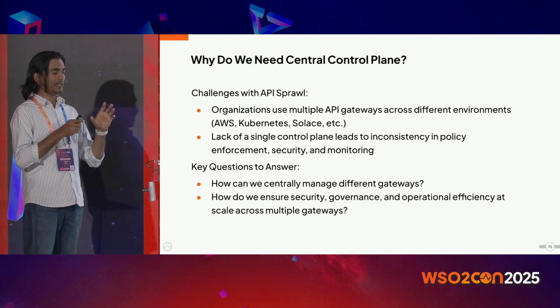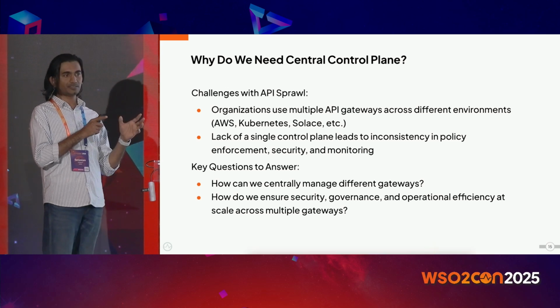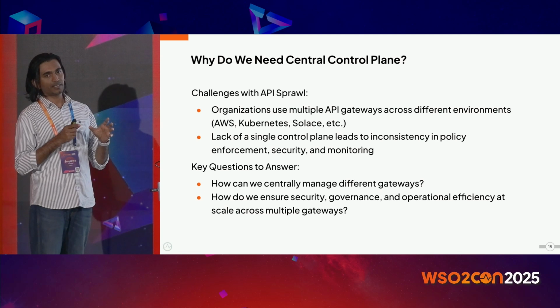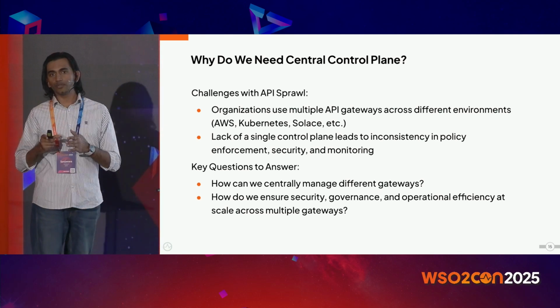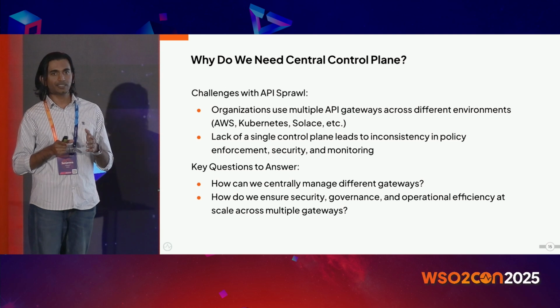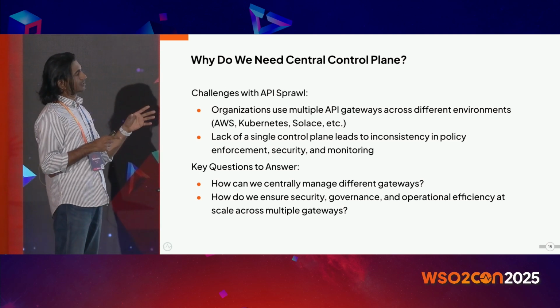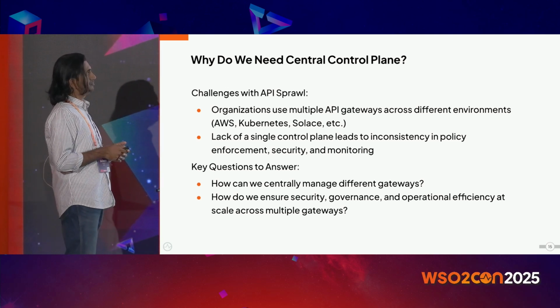So basically, with the previous approaches, with the decentralized approach, the main advantage we are getting is the autonomy and the flexibility that teams get. On the other hand, with the centralized approach, the main advantage we are getting is more control, governance, and security. So with this approach, what we are trying to do is to bring both these capabilities into one solution.